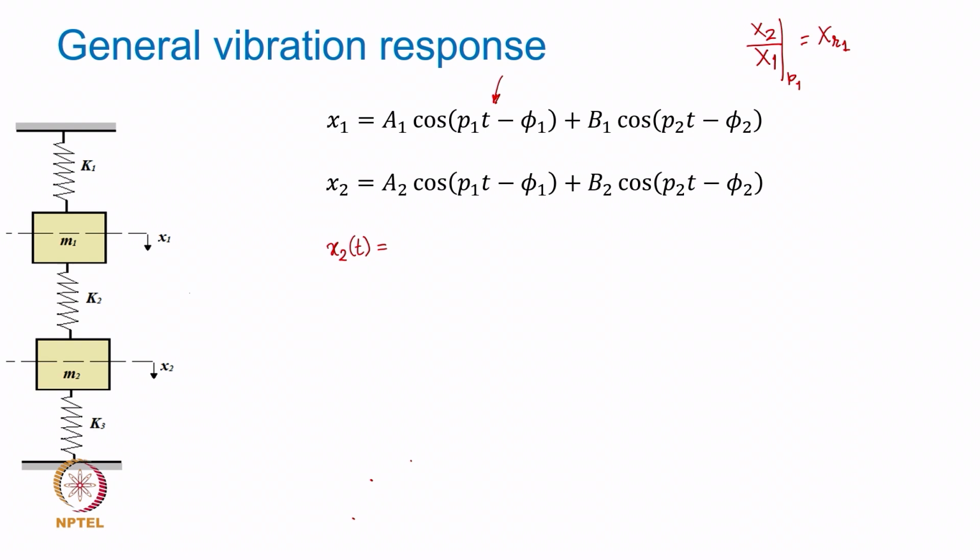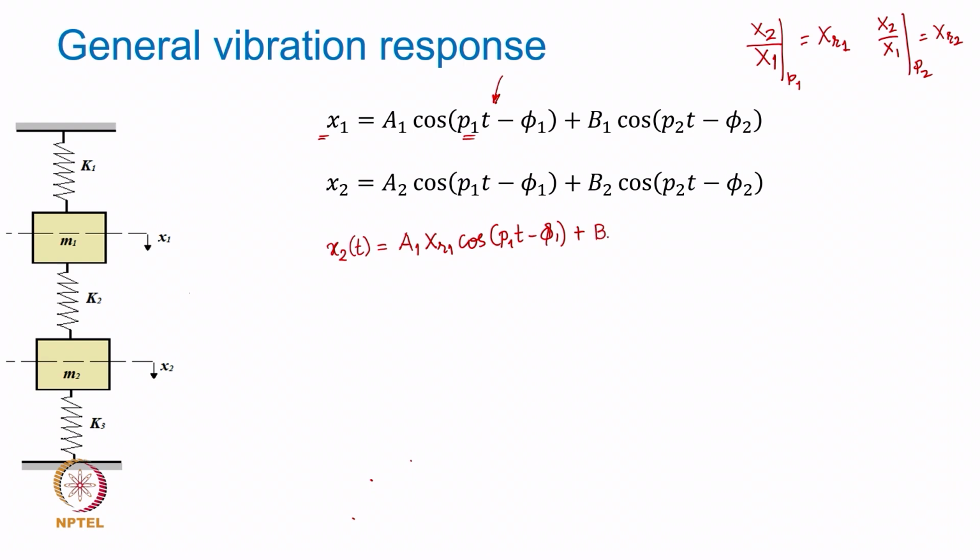Okay. So, therefore, I can write A2 as A1, because if A1 becomes the amplitude of the first mass vibrating in the first mode, then I can write this A2 as A1 xr1 cos(P1 t minus phi 1) plus, on the same lines, x2 over x1 vibrating in the second mode or at second natural frequency is xr2. xr2 represents the amplitude ratio.